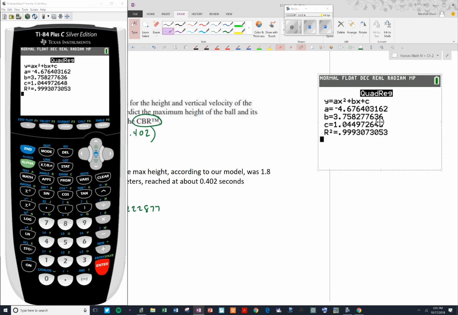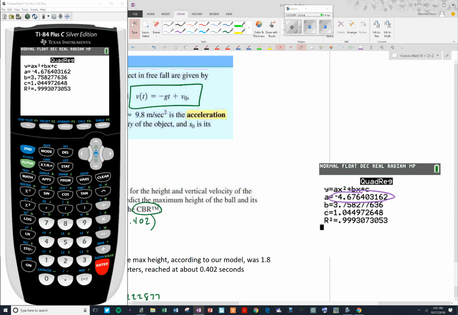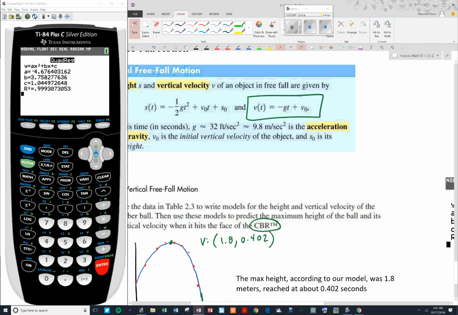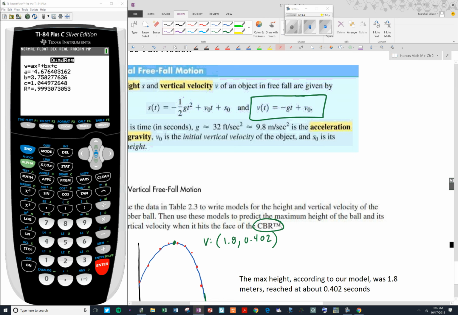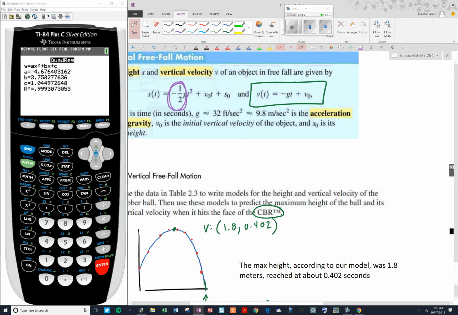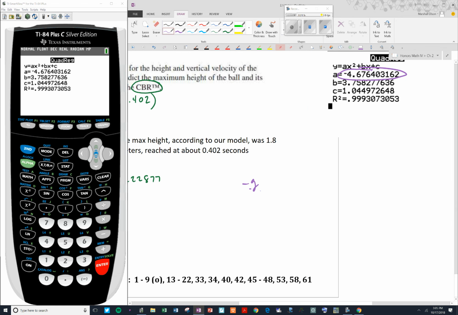We know that negative g over 2 actually equals our a value. So that is what negative g over 2 should be. Okay? Negative g over 2 is our a value of our standard equation. Negative g over 2 or negative 1/2 g is whatever our a value is. So I know that negative g over 2 should equal negative 4.676, which means that g is going to equal, if I double, get rid of that negative sign, about 9.352.